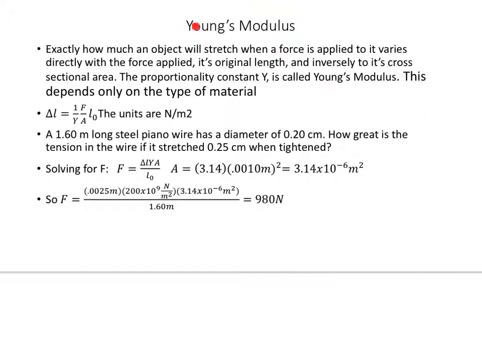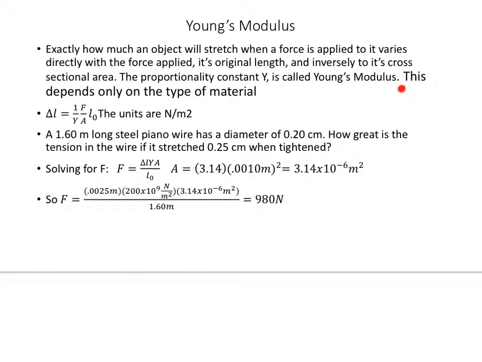Young's modulus. Okay, so exactly how much an object is going to stretch when a force is applied to it depends upon some things. Obviously, it depends upon the force that's applied, and it depends upon what the original length of the object was. It varies inversely with its cross-sectional area, and there's a proportionality constant here, which we're going to call Y, and this is called Young's modulus.